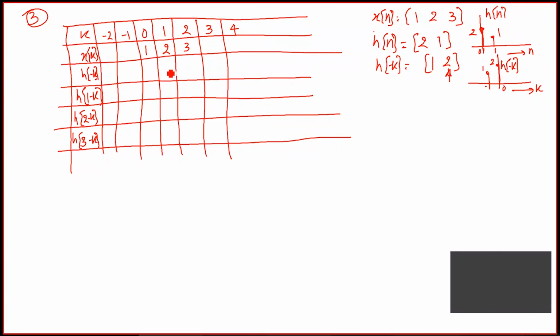H of minus k would be the flipped version, 2 remains there and 1 comes right here. And h of 1 minus k would be shifting this right. It will become again 1 and 2 with arrowhead coming right here. In other words, it would be the thing shifted right by 1 unit.